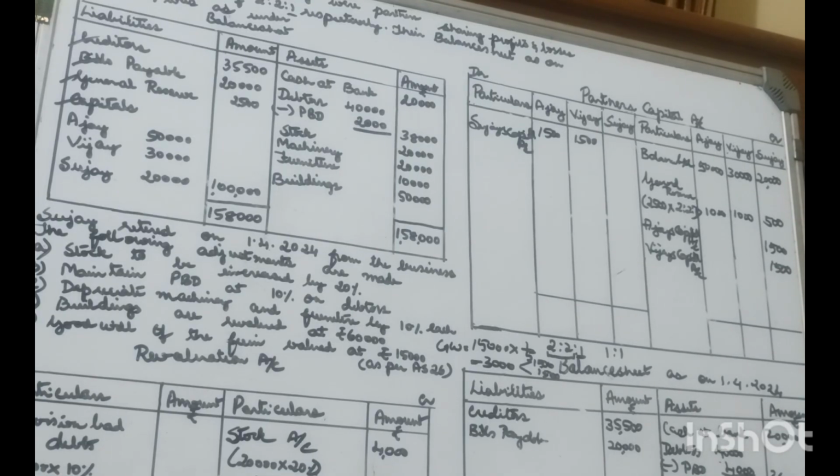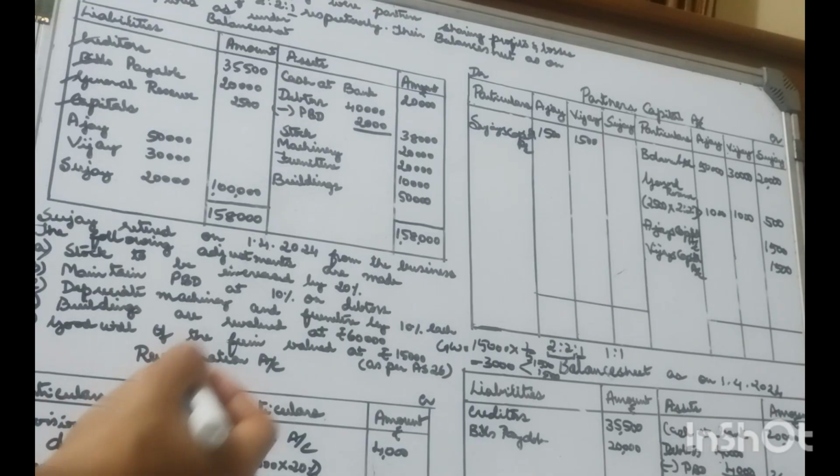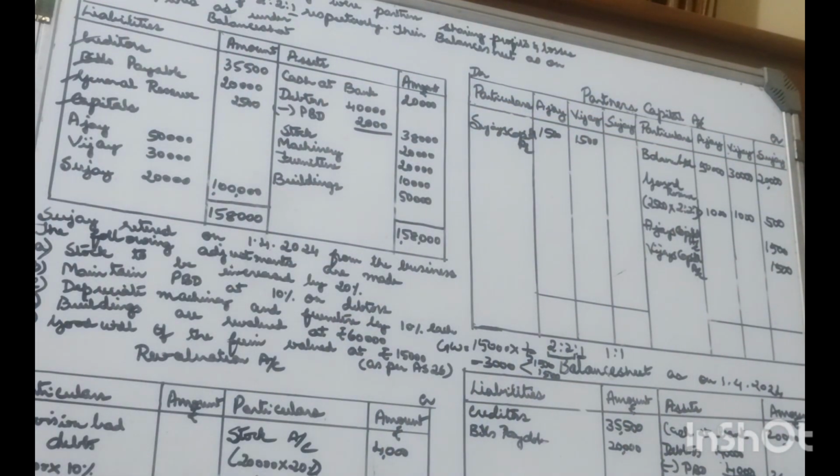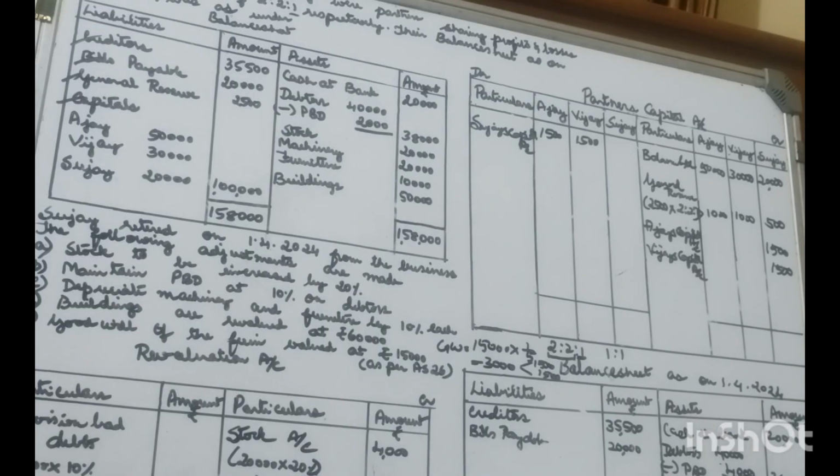Then treatment of goodwill according to Accounting Standard 26. The profit we get in the revaluation account must be transferred to the credit side of partners' capital account. If there is a loss on revaluation, then it has to be transferred to the debit side.